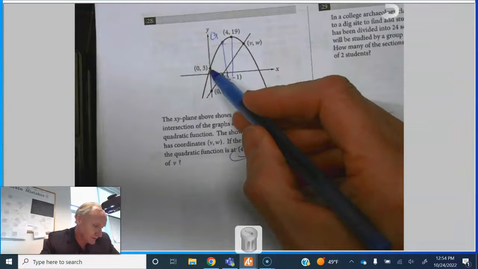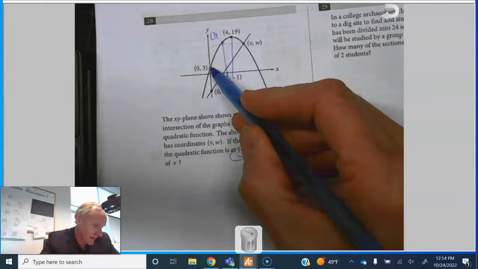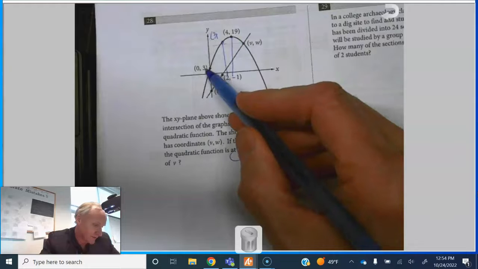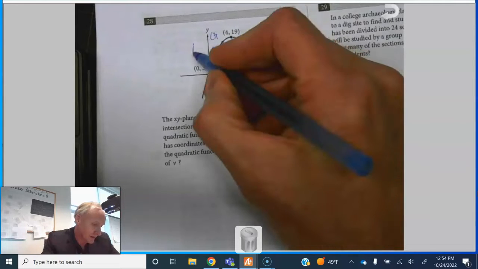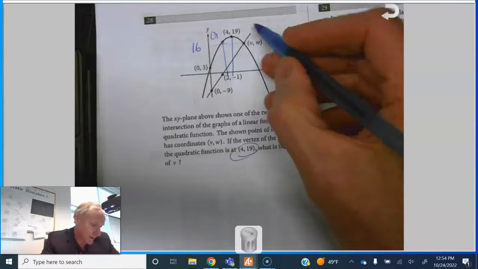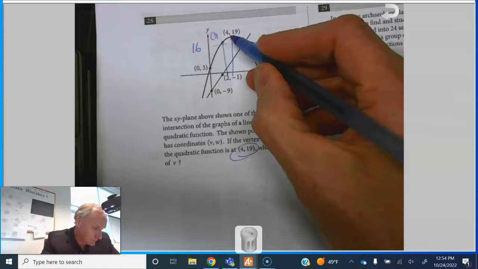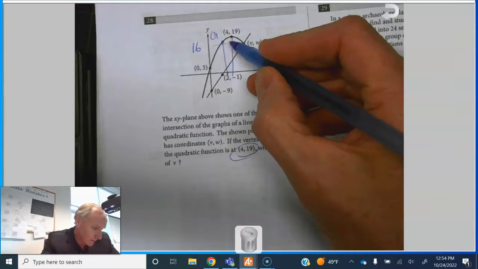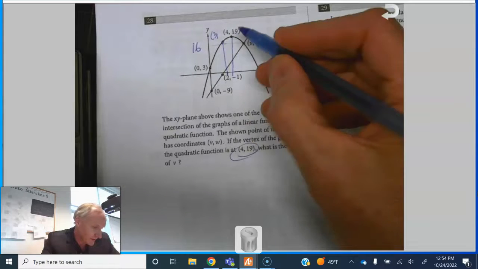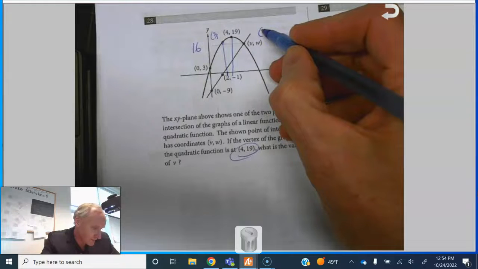So (0, 3). Let's see. That means a difference of 4, and that's 16. So it's definitely an x squared. That means it has to be 1. It has to be at 3, and it's 1 away, so it's going to be at (3, 18).